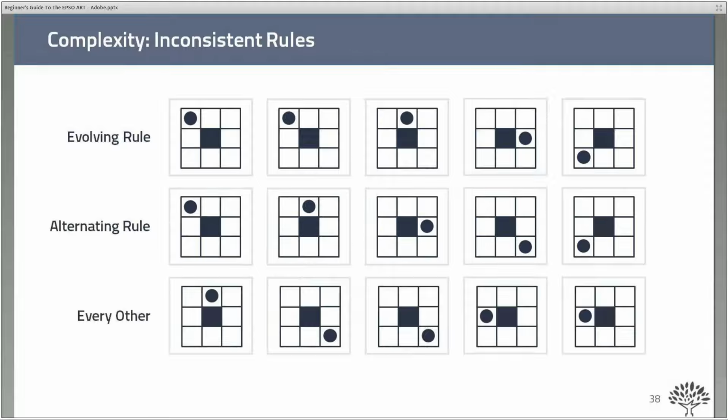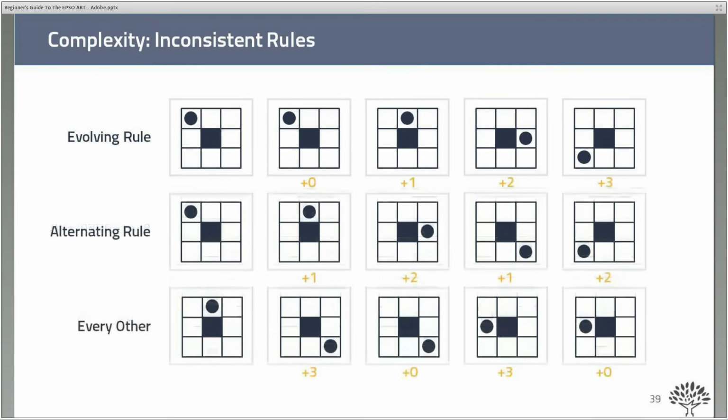So if we apply this to all of our questions, we can see consistent patterns going through each of these. So the evolving rule, and don't worry about the terminology I'm using here, worry more about the concept of how to solve it. But we can see here, 1, 2, 3. Well, that's a very easy thing to figure out what happens next. 1, 2, 1, 2. Again, once you know that, it's very easy to know what's going on next. And 3, 0, 3, 0.